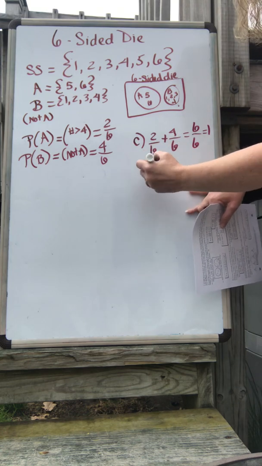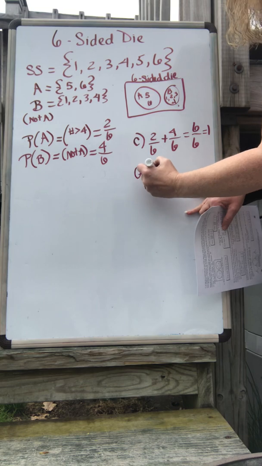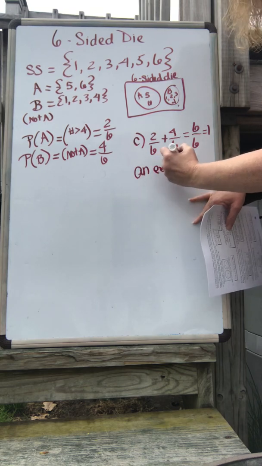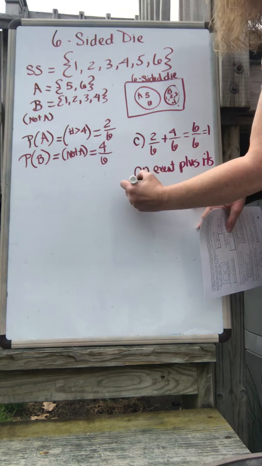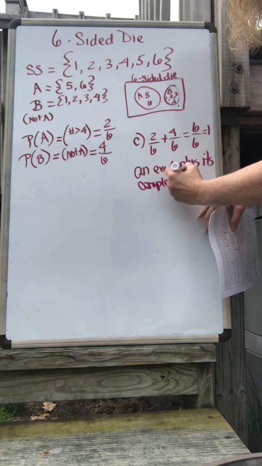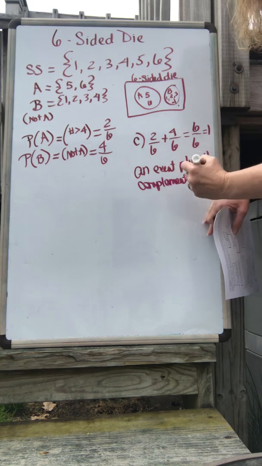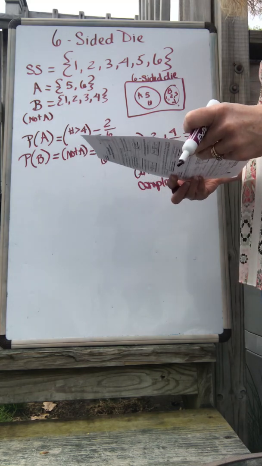So what is true is an event plus its complement equals 1 whole. They have to. It's 100%. It's an absolute probability.